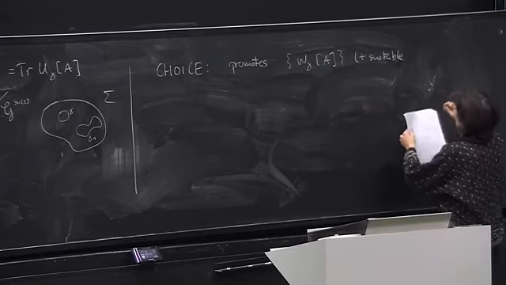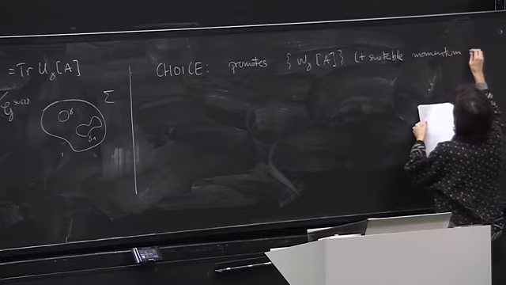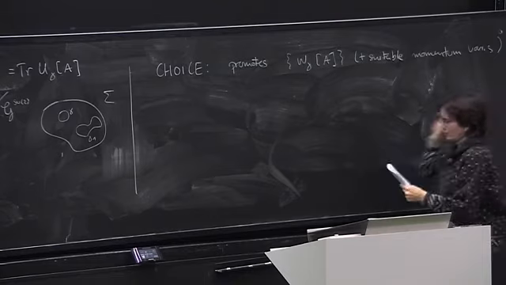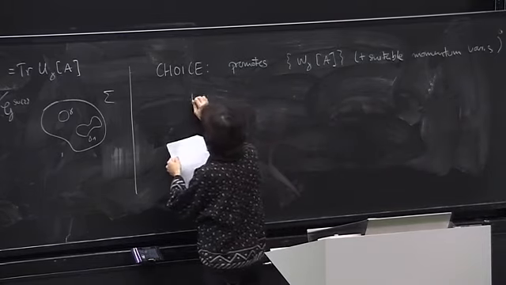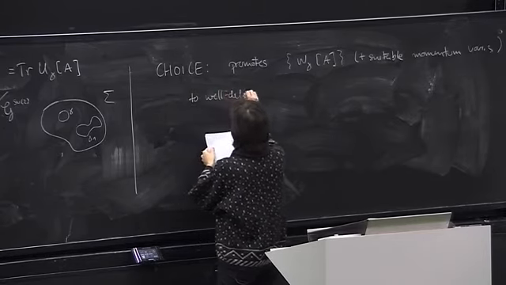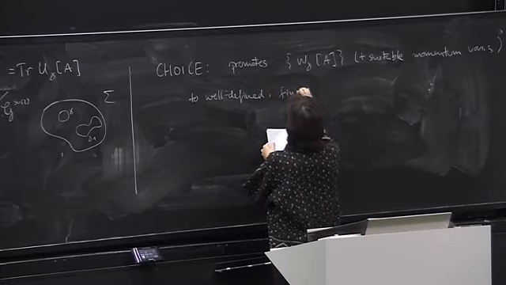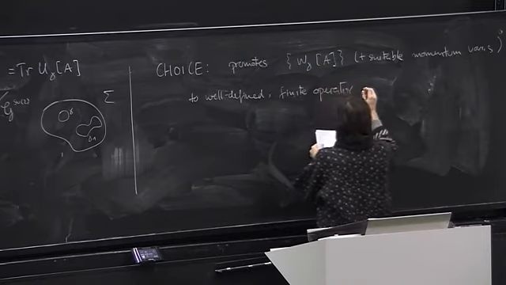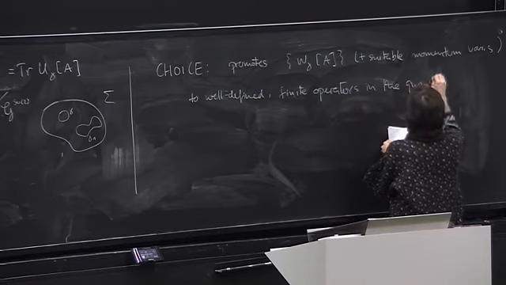Right? So I have to suitably add some kind of momentum variables. That can be done in various ways. This has also changed over time, what people consider their favorite combinations. To well-defined, finite operators in the quantum theory.